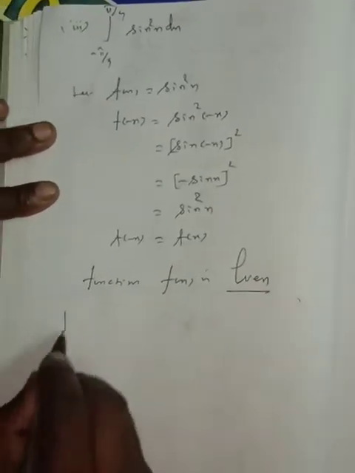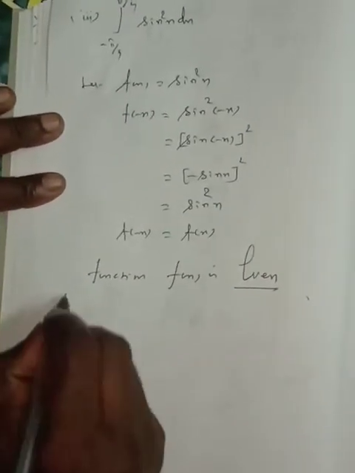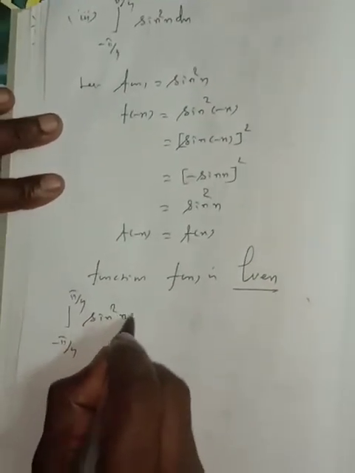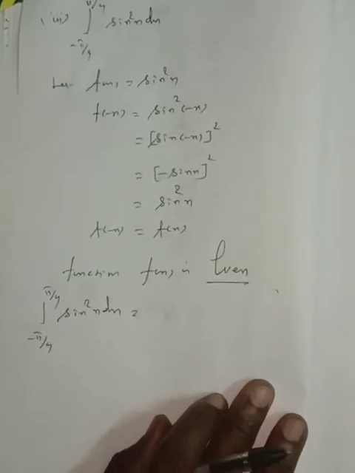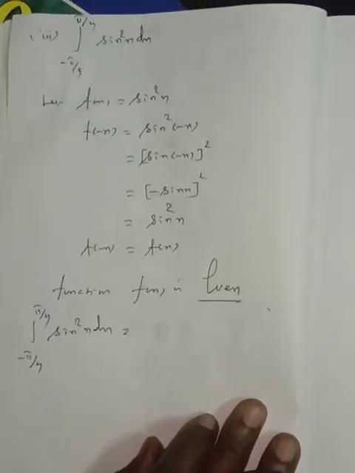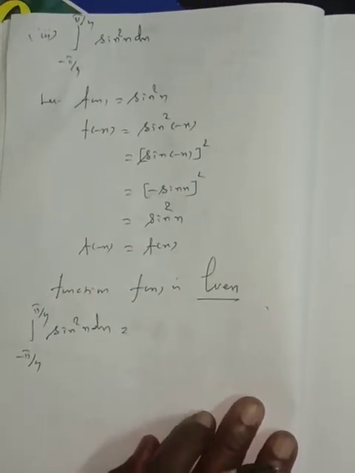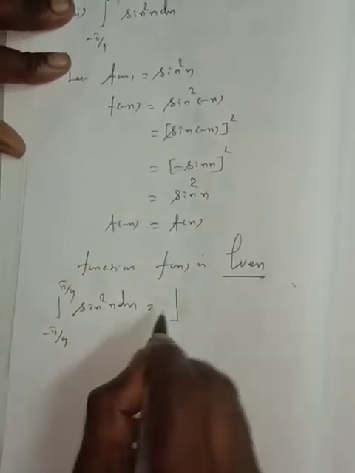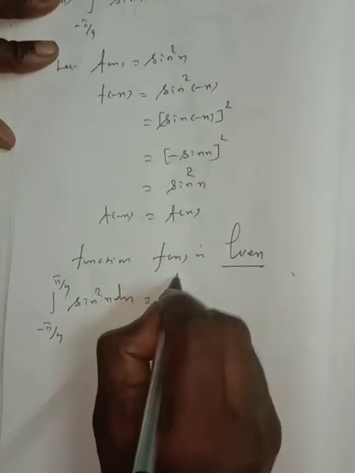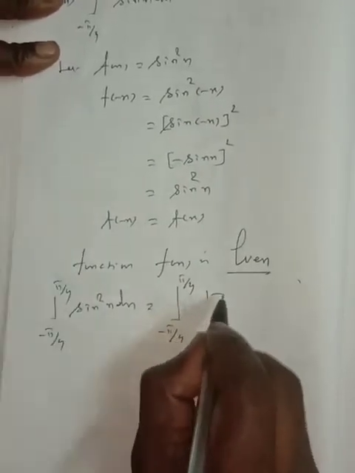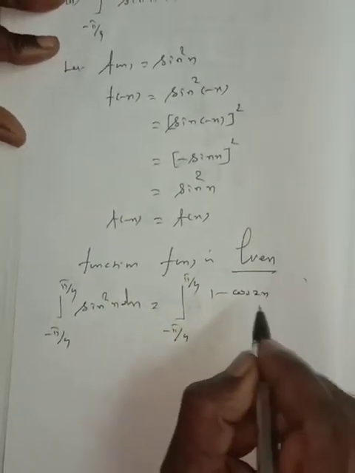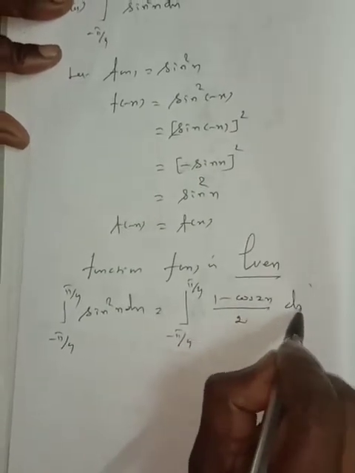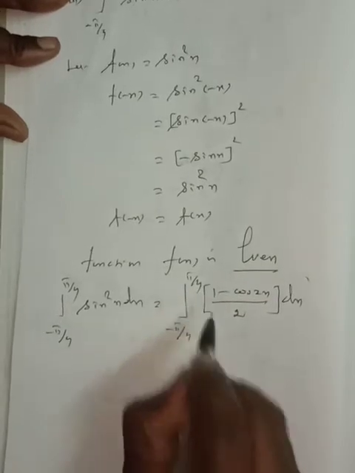Let the integral from minus pi by 4 to plus pi by 4 of sin^2 x dx be equal to, we know one more formula, sin^2 x is (1 minus cos 2x) divided by 2. Integral from minus pi by 4 to plus pi by 4 of (1 minus cos 2x) divided by 2 into dx. One by 2 is a constant number.